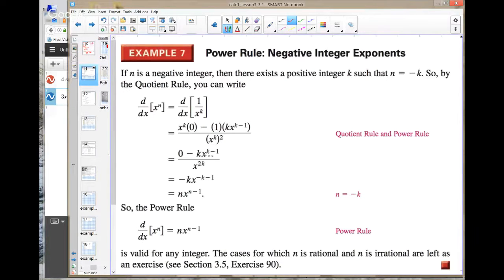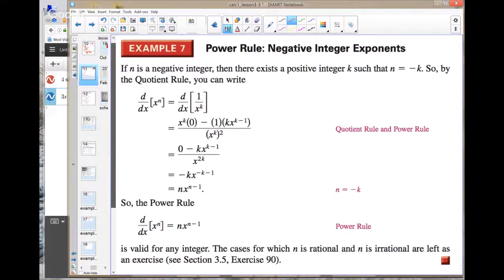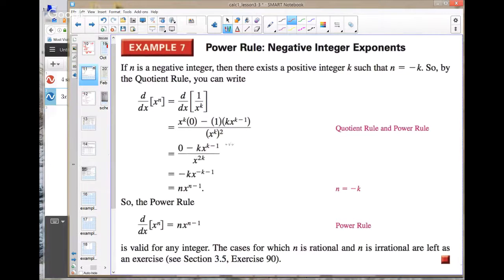So this is a review. Remember how we already said, hey, what if you have negative exponents? Does the power rule work? Yeah, it does. So for example, I don't know, we don't really have a good example here, do we?